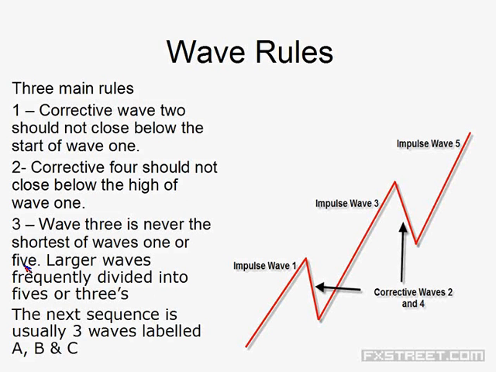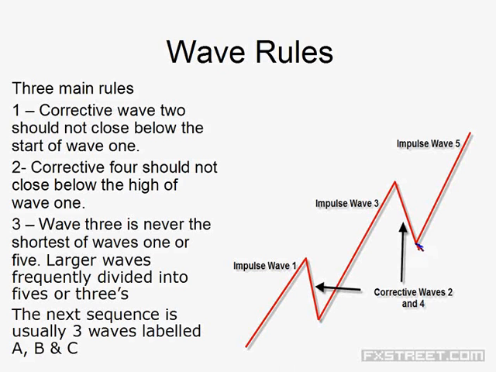We were just looking at the main rules. Let me just quickly whiz through those. Impulse wave 1 is followed by corrective wave 2. And wave 2 does not want to close below the start of wave 1. Okay. We then have usually a long wave 3, usually the longest of the waves.